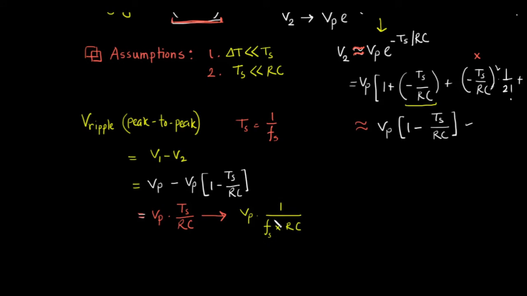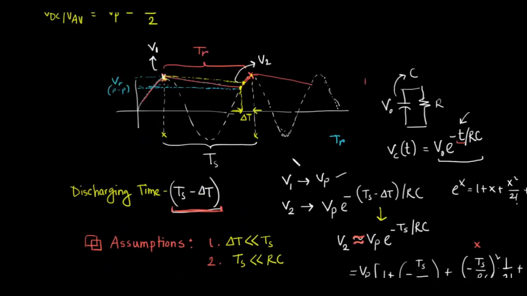Why do we have Fs? Because the ripple period was actually equal to the signal period. That means Tr was equal to Ts.